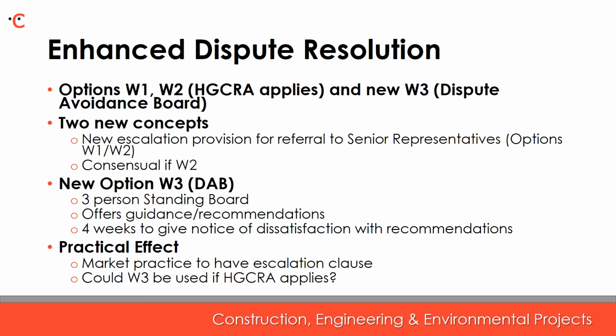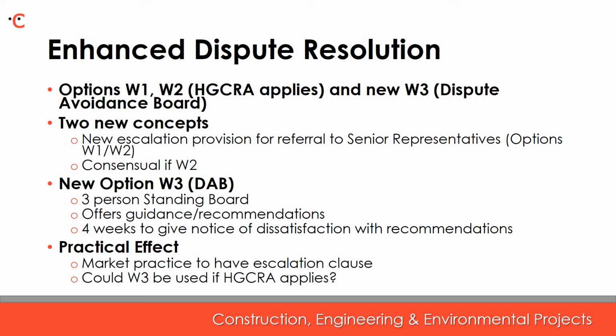The dispute resolution option can be consensual if option W2 applies, and this applies equally where the contract may be subject to and the parties have the right to adjudicate. There's a new option W3 that provides for the use of a dispute resolution or avoidance board to be used as an alternative to adjudication.